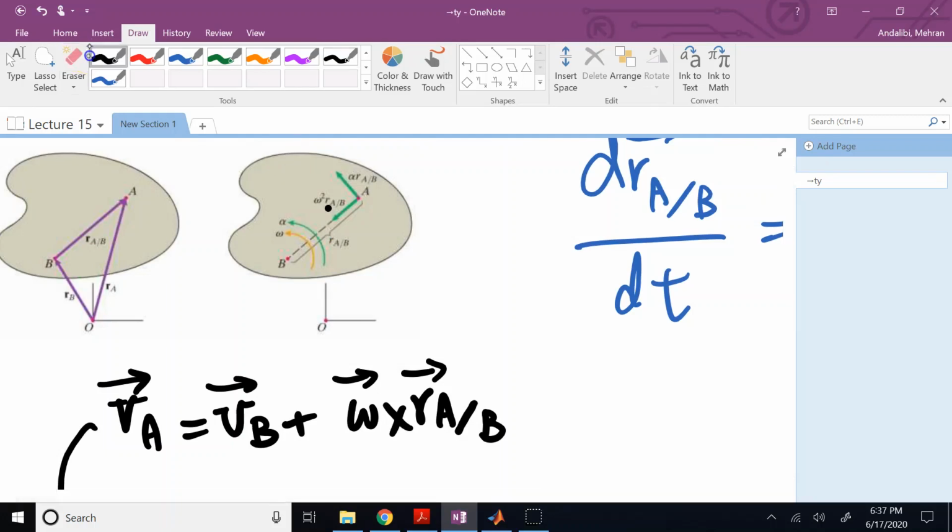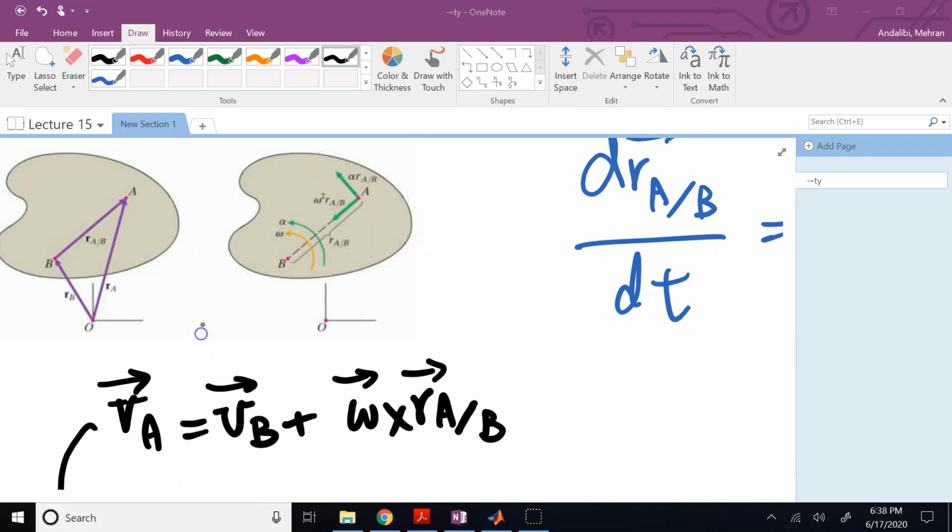This normal acceleration has a magnitude of omega squared r of A with respect to B, and this negative would tell you the direction. Because r of A with respect to B is from B to A, this normal acceleration is from A to B. And this is your tangential acceleration.